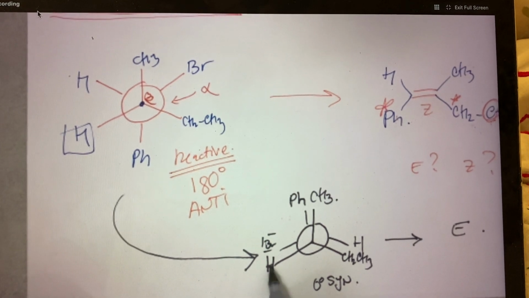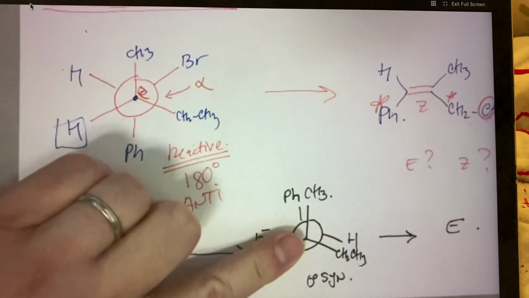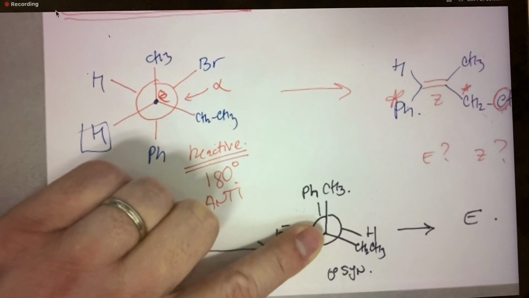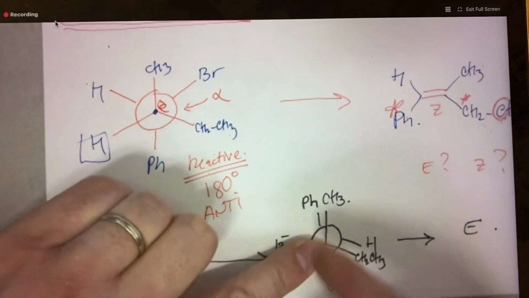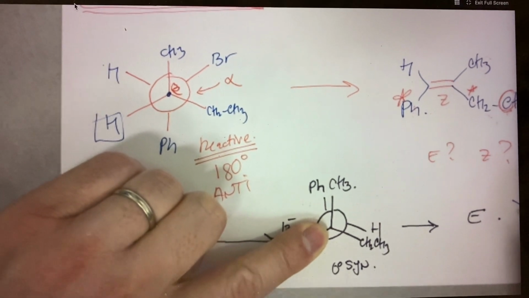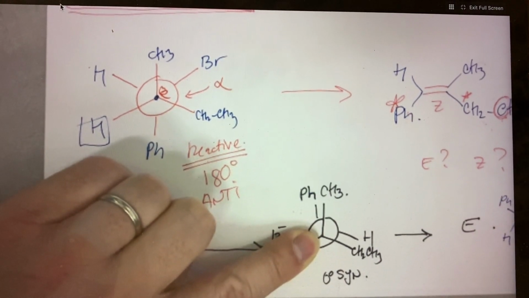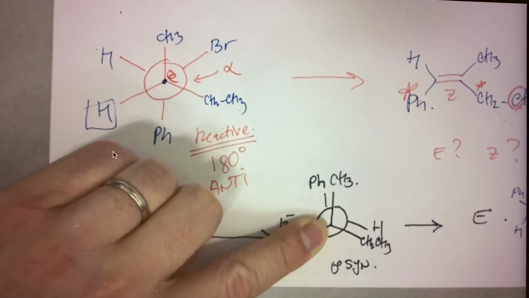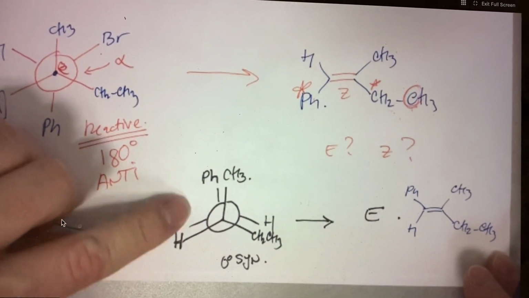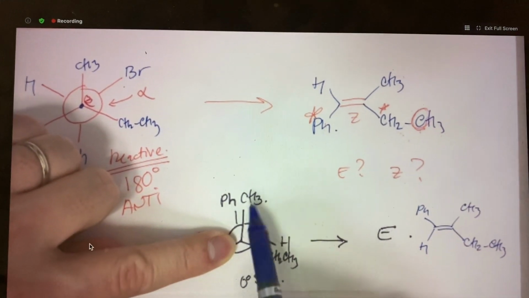If base pulls off this proton, a double bond starts forming here, and bromide leaves. Imagine this whole part of the molecule is getting plucked off, and the molecule is flattening out. Right? The molecule will be flattening out, and there'll be a double bond here. We actually flattened this molecule out, took off the beta hydrogen and the leaving group at alpha, and started forming a double bond down the middle.